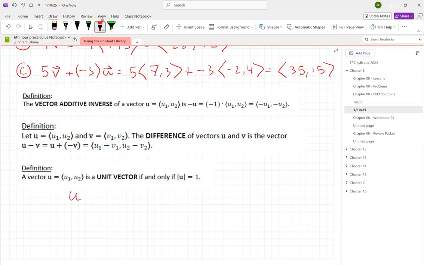Any unit vector is going to be of the form cosine theta, comma sine theta, right? Because those are the points on the unit circle. If I go from the origin to any point on the unit circle, that's a radius that has length 1. Every unit vector is going to be of the form cosine theta comma sine theta.